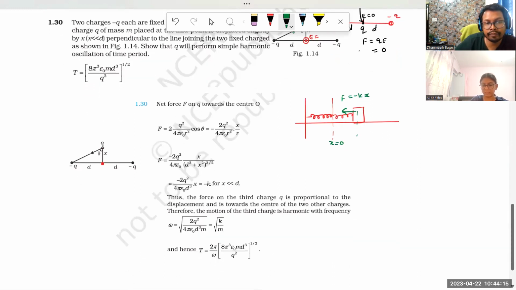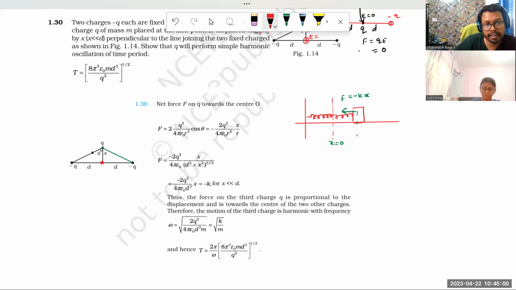Tell me, if the plus Q charge is here, minus Q will... you actually do this thing also. So here, this is the mean position.